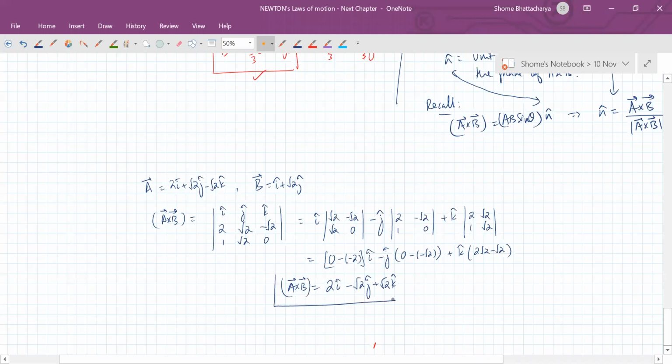So this is our vector A cross B. Okay. So that means our n cap is this vector divided by its own mod.